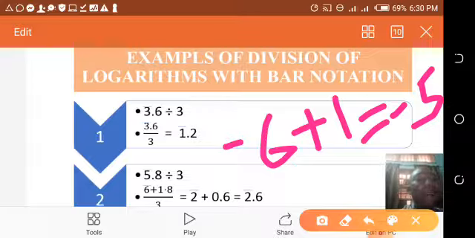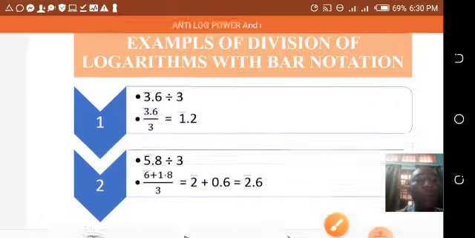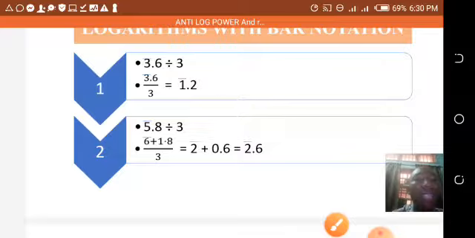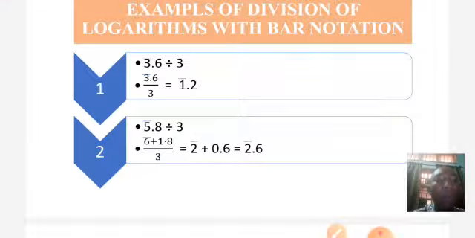Which is the same thing as bar 5. Good. So from here, we can now call it bar 6 plus 1. Remember, bar 6 is the same thing as minus 6. So minus 6 plus 1 is minus 5, which still satisfies bar 5. So that's bar 6 plus 1.8.